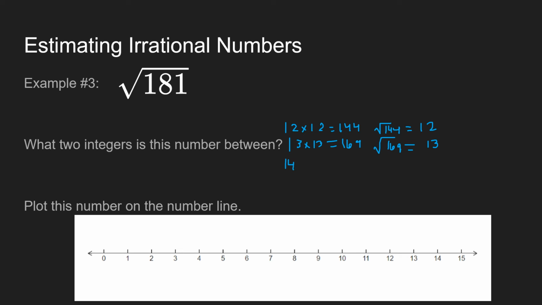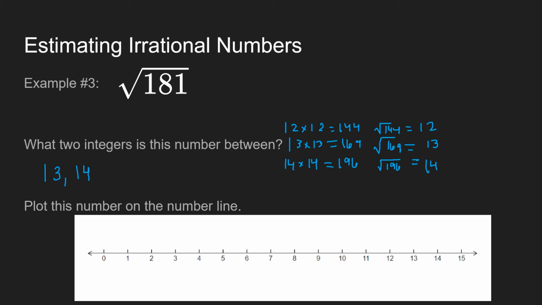And 14 times 14 is 196, so the square root of 196 is 14. So the square root of 181 falls between 13 and 14 on the number line.